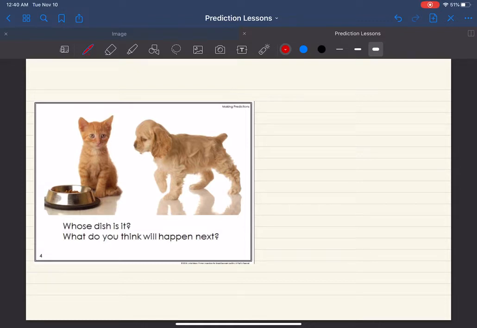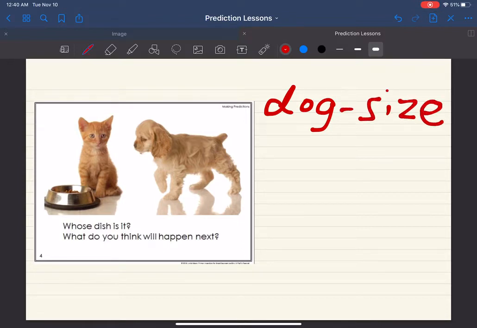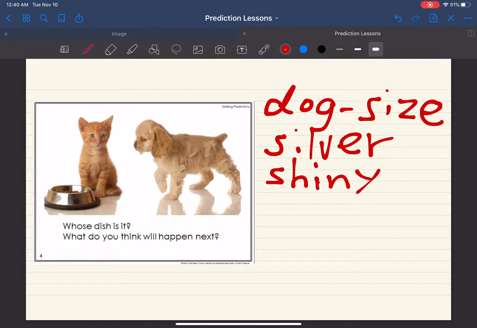We can tell that bowl is a dog bowl because of the size of the bowl. Often dog bowls are the silver, round and shiny bowls like that. They're a very common dog bowl.